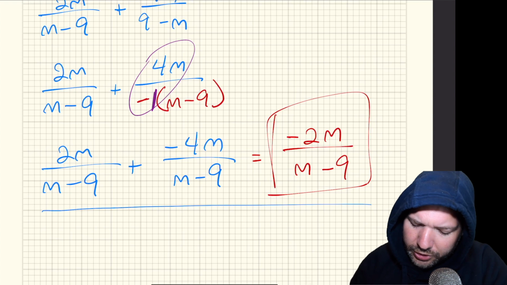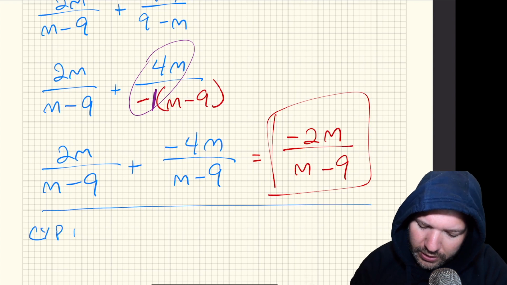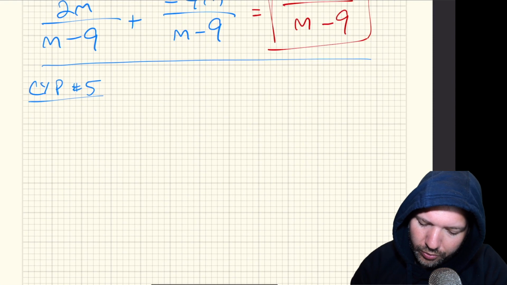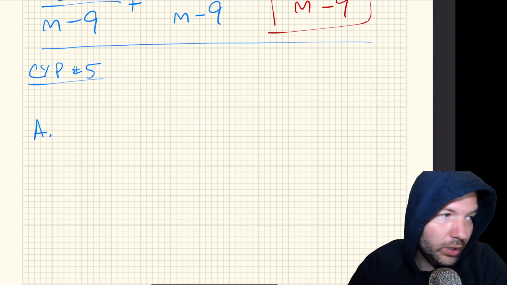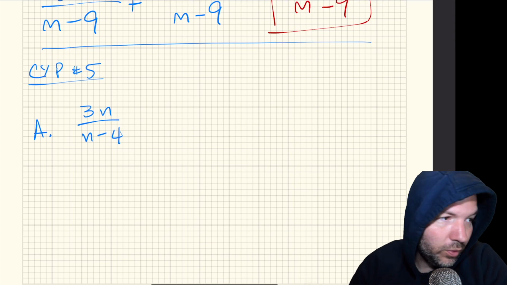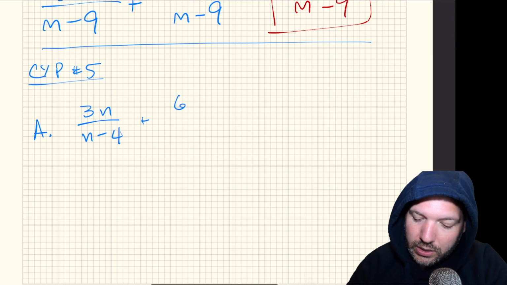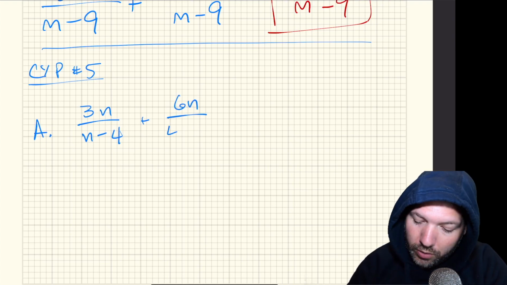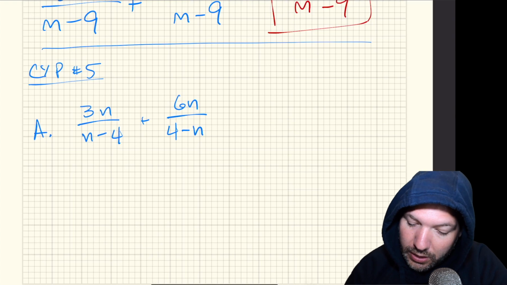I'm not going to have you do the Check Your Progress because I know this is a little strange, but let me walk through a and b with you really quick. So 3n over n minus 4 plus 6n over 4 minus n.